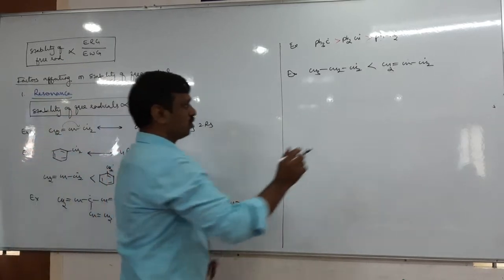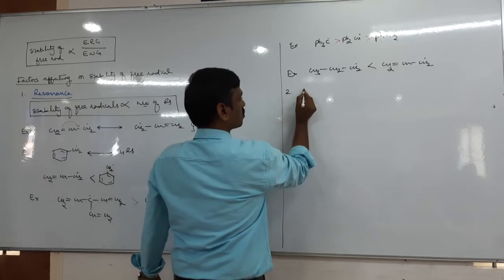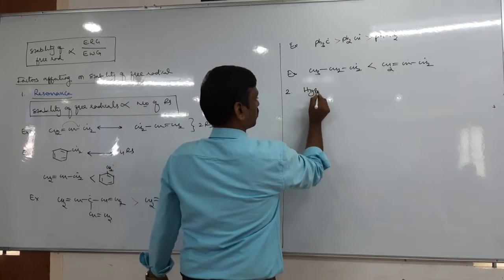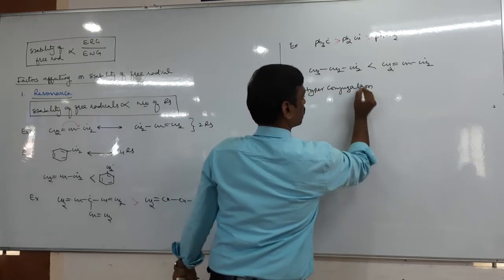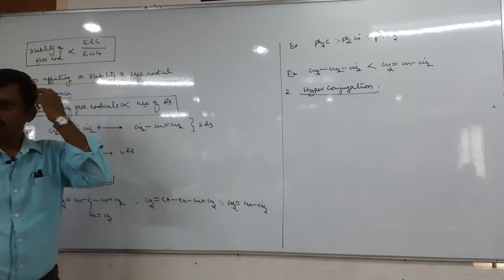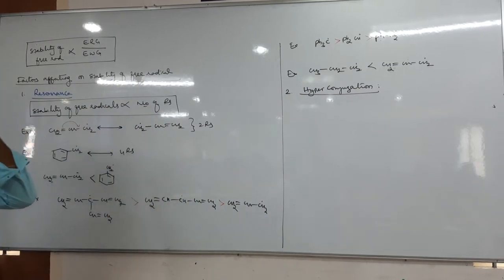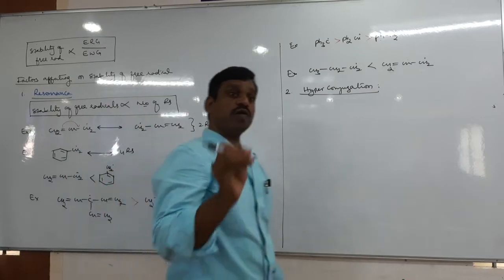Next, the second factor is hyperconjugation. What is the effect of hyperconjugation on the stability of a free radical? Usually hyperconjugation is an electron releasing effect.